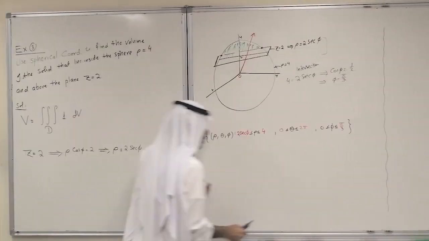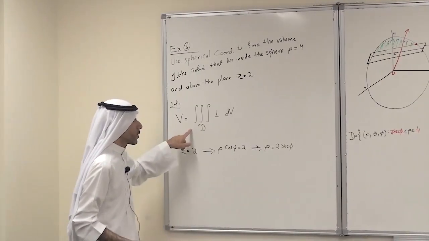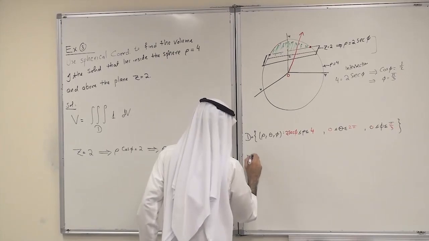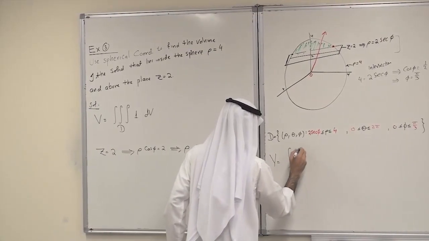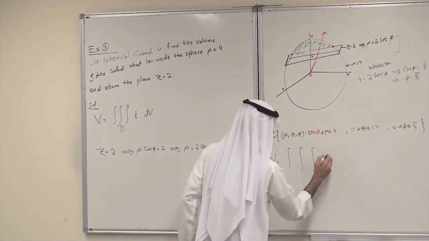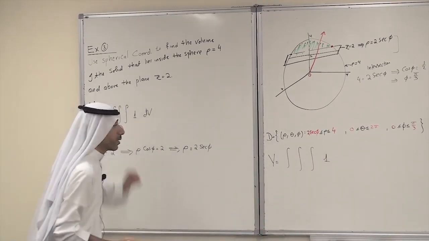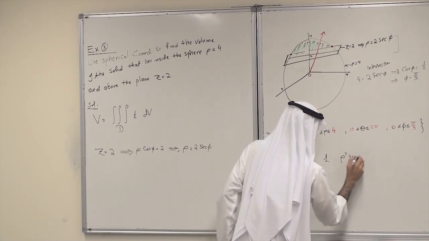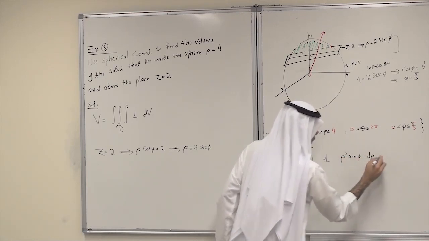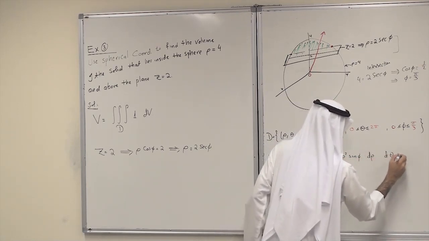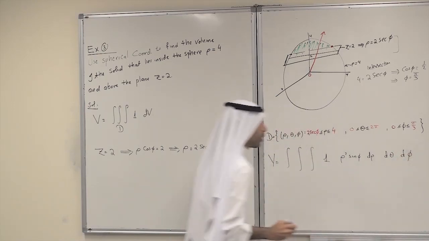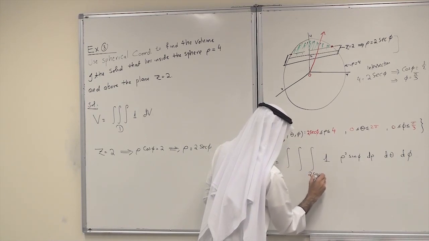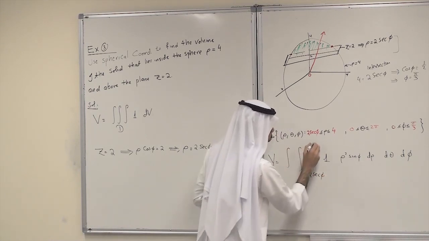With this description, we can now set up the limits and find the volume. The volume is the triple integral of 1 dV, which is rho squared sine phi d rho d theta d phi. The limits of rho are from 2 secant phi to 4.